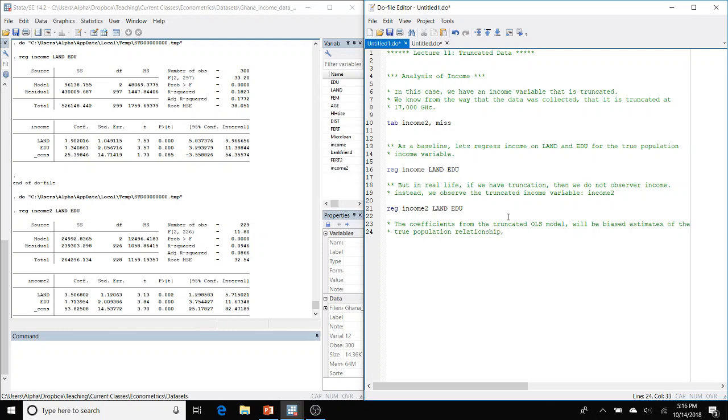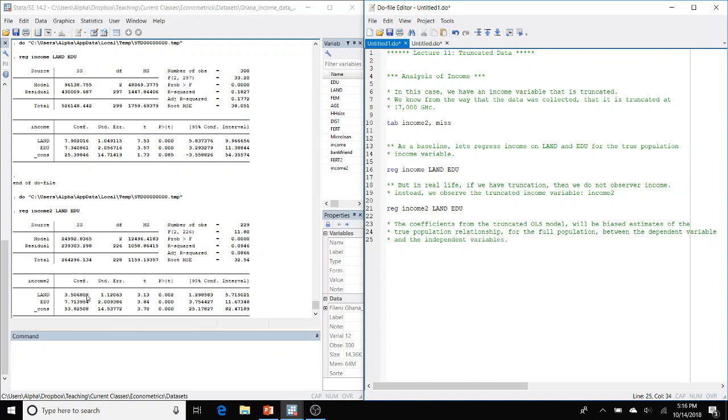I should maybe clarify, for the full population, between the dependent variable and the independent variables. All right, so what do we find here?